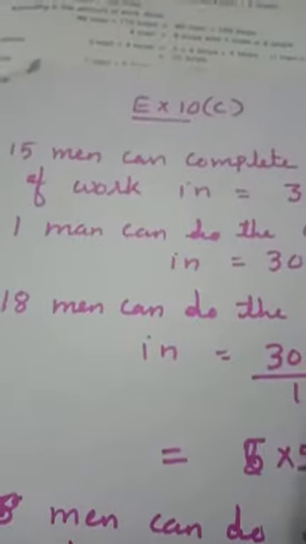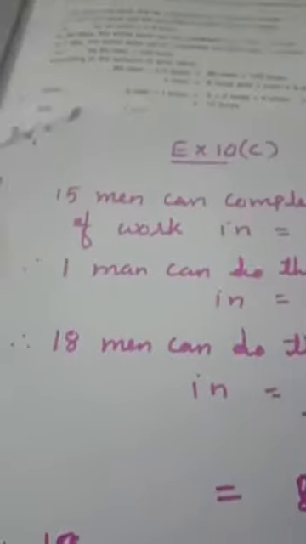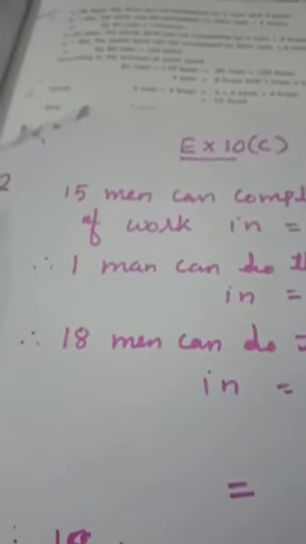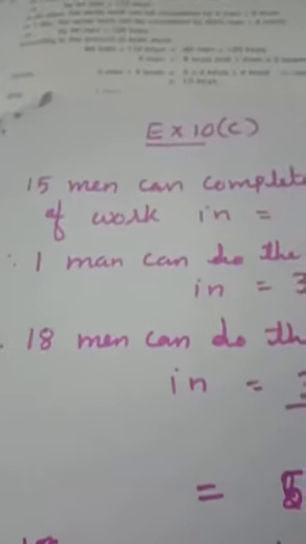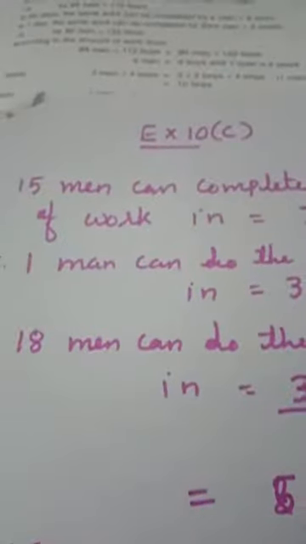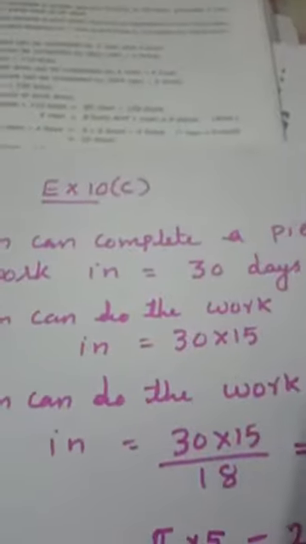Why? Because this is inverse variation, you know. First you think whether it is inverse. If one quantity is increasing, the other is decreasing. Same way, 15 men complete a work in 30 days.